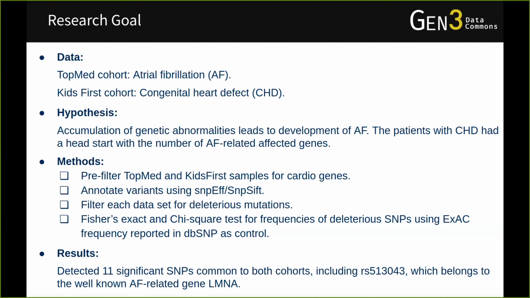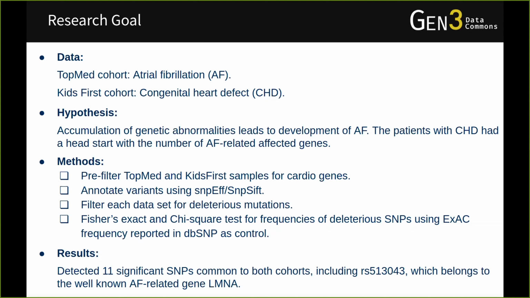We took those from Kids First data and applied them to the other commons from Data Catalyst, to see whether those genes, which are not supposed to be active in the adult heart, have any defects in them. That's how we proceeded with testing this hypothesis.